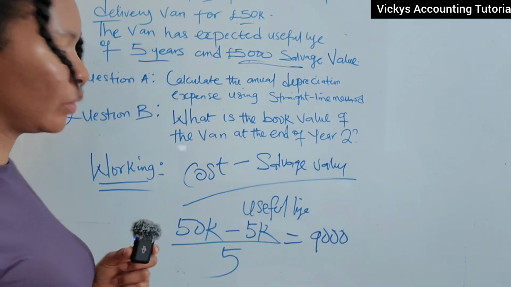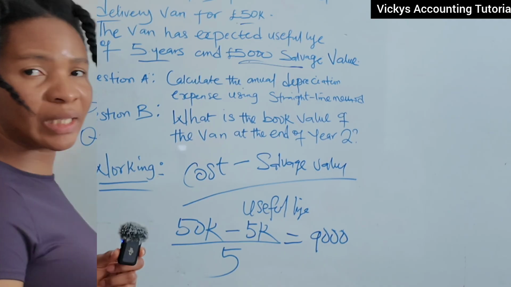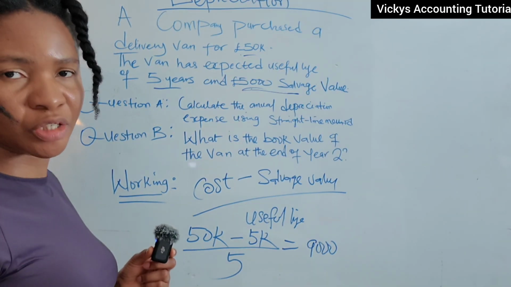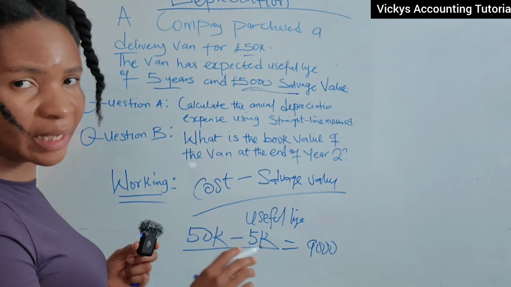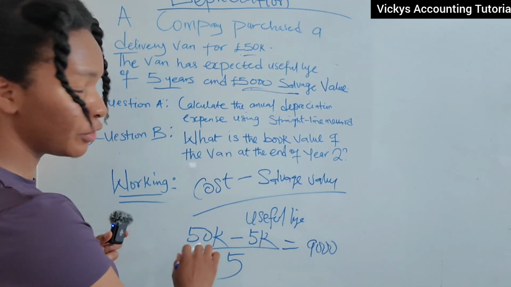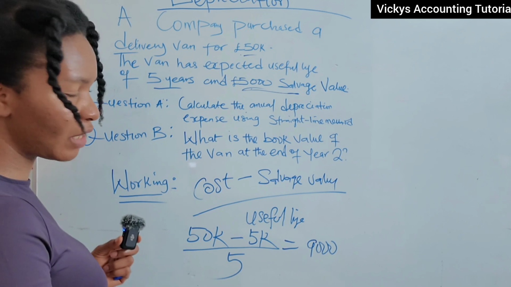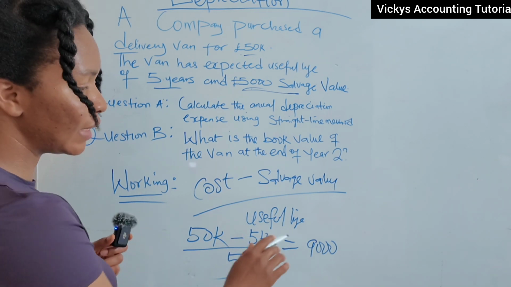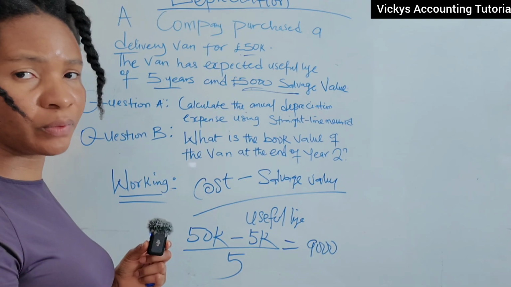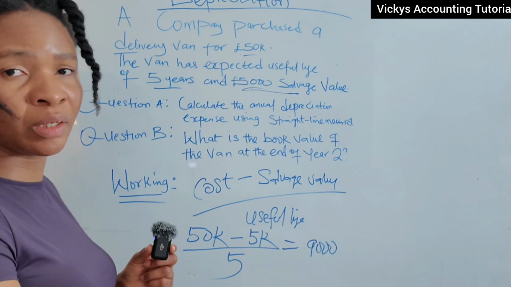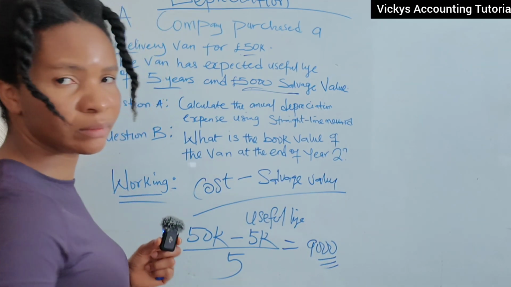So each year we depreciate the van by 9,000. So that means at the end of each year we depreciate this van by 9,000. Do you understand? So 50k minus 5 divided by 5, which is a 5 year period, will give us 9,000. So the amount that we're going to charge each year as depreciation within the profit and loss statement will be 9,000 pounds.